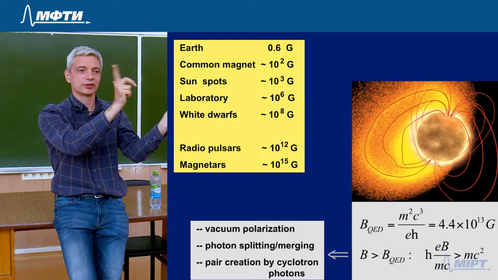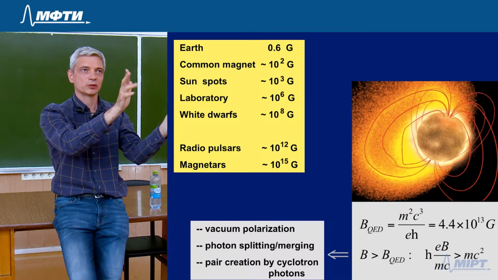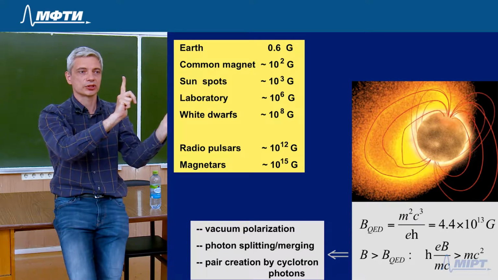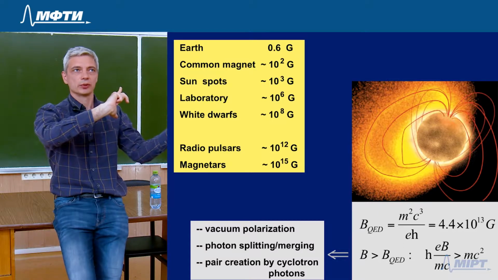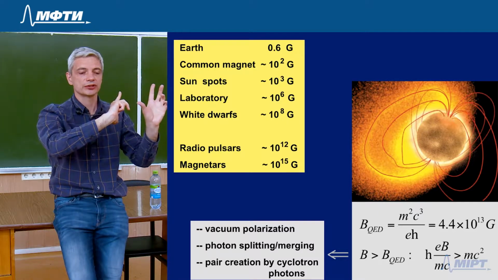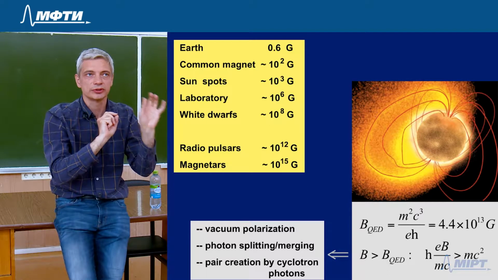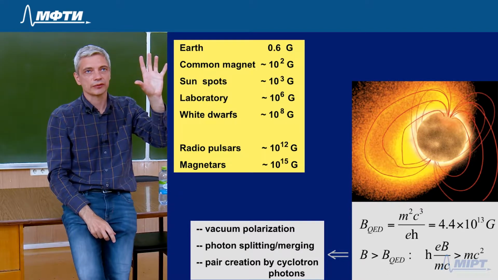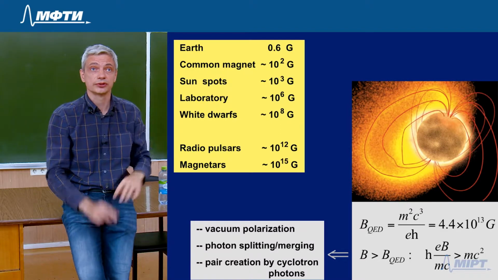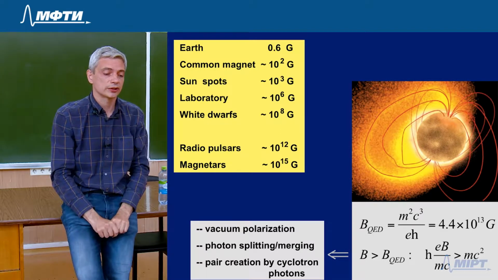If the electric field is in this plane, that's one mode, and it propagates with one speed due to this polarization effect. If the electric field is perpendicular to the KB plane, it's the other mode. There are two linearly polarized states that propagate with slightly different speeds, slightly different from the speed of light. So it's like a crystal in a way. The vacuum acts as a medium which polarizes your radiation.